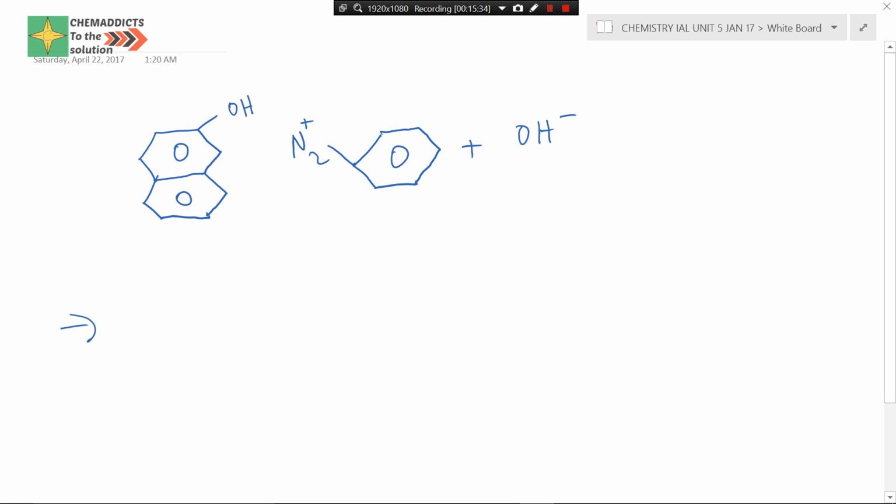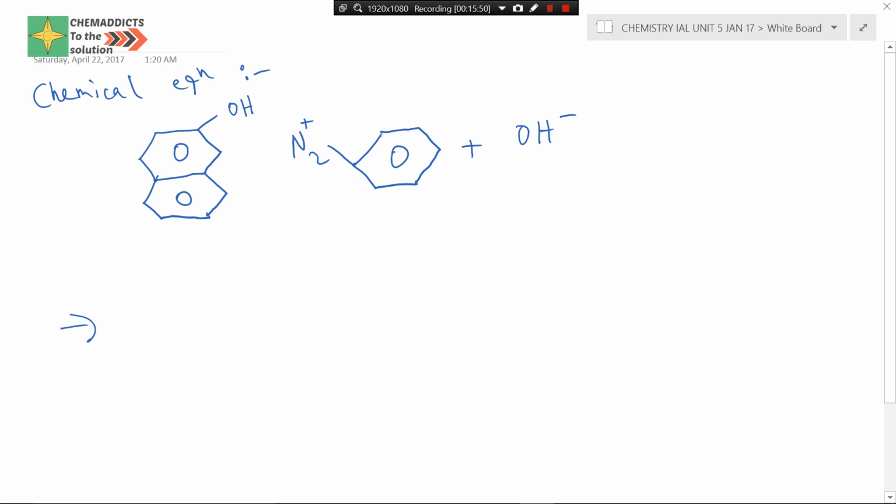This is not actually the mechanism. This is the chemical equation of the reaction. Okay, sorry for that mistake. Chemical equation for this reaction.